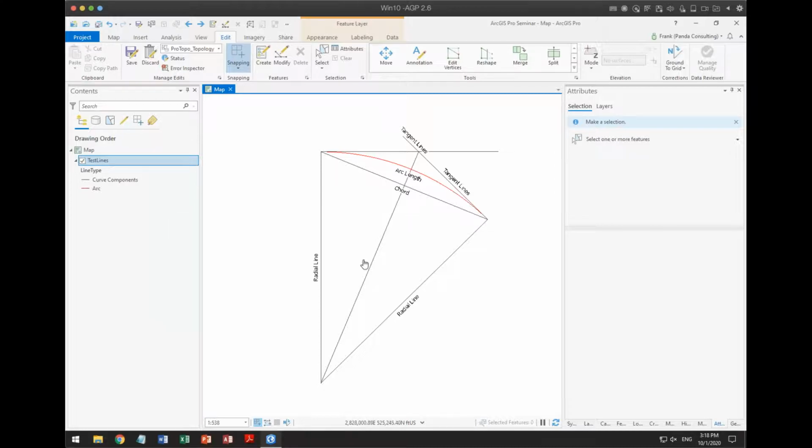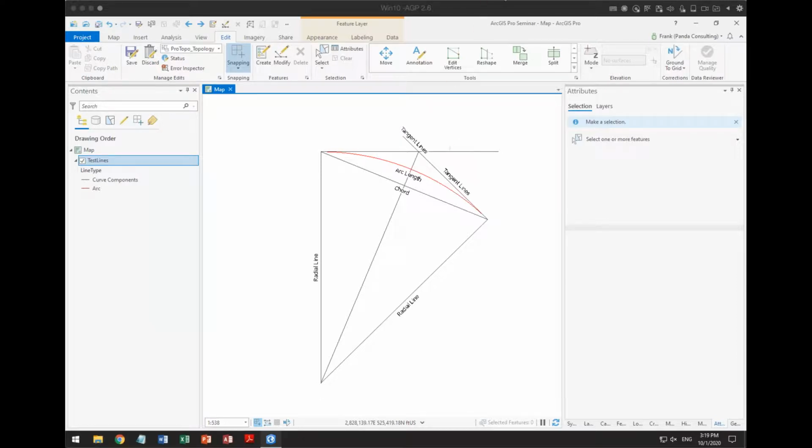There are radial lines, a chord distance, tangent distance, arc length, and the central angle. This is the central angle from here to here. The radius distance is from here to here. The chord distance is from here to here. And the arc length goes here. The tangent length goes from here to the point of intersection.